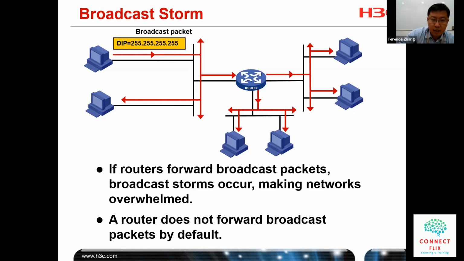For this layer 3 broadcast, by default a router does not forward this kind of packet because it's easy for it to become a certain kind of attack. Theoretically, this address will cause a broadcast domain, but in the real case, the device will choose not to forward it. Okay.